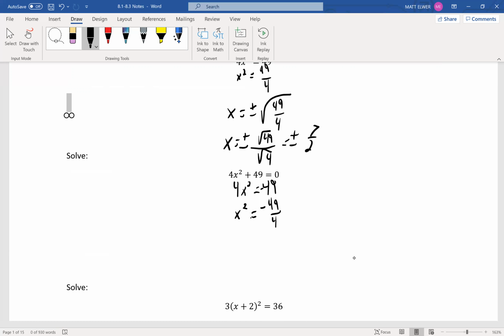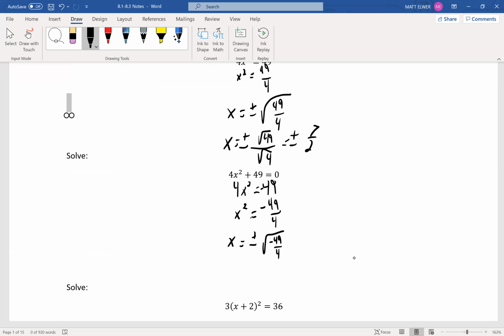And then the last thing I can do is square root both sides, just like I did before. But notice we have a negative on the right side. So I have x is equal to plus or minus the square root of negative 49 over 4.